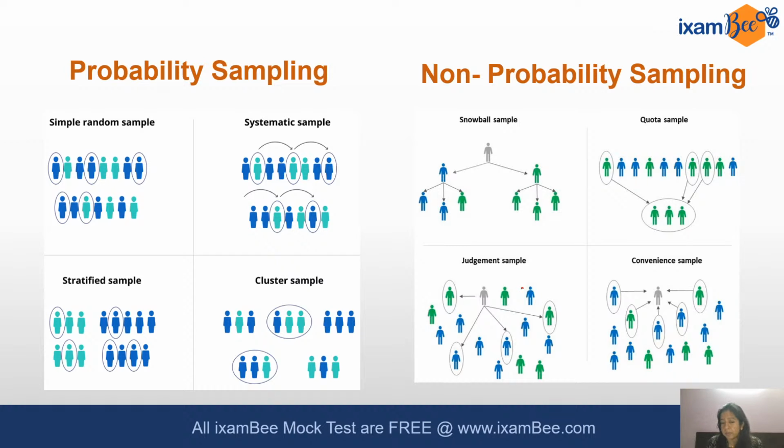Based on this, some questions can be framed, like on snowball sampling. Snowball sampling is used in a situation when we do not know more about the population, how we are going to collect the sample.